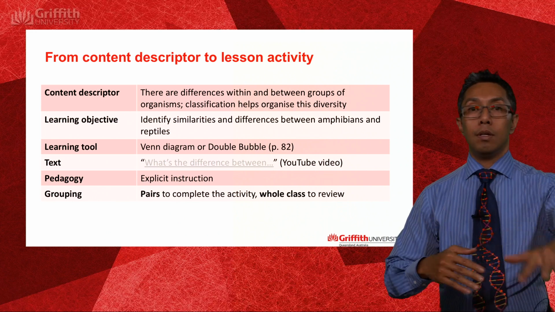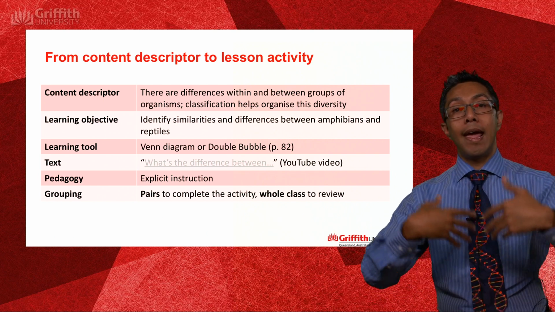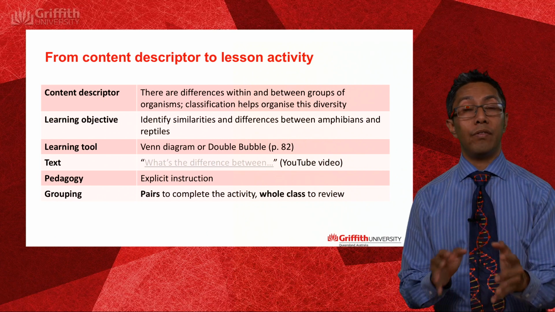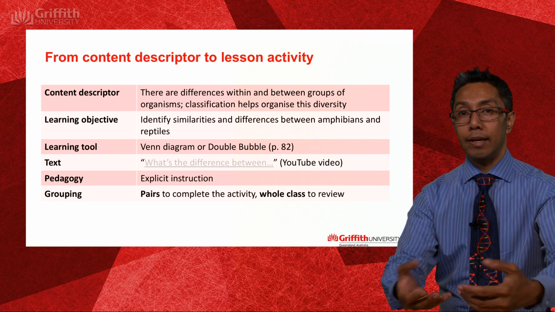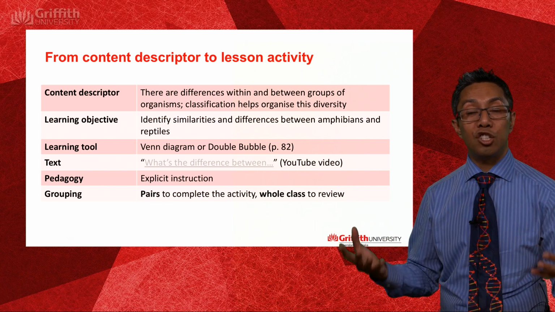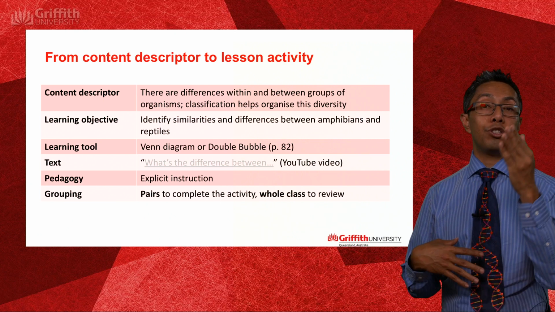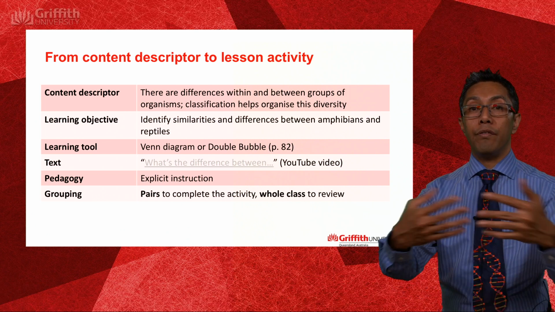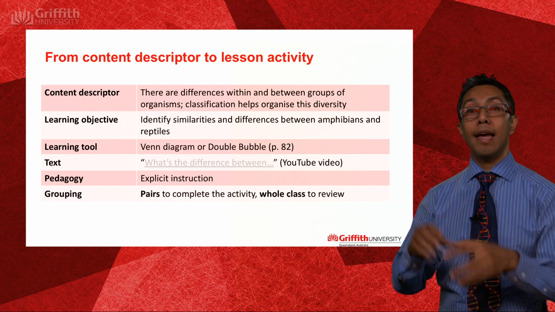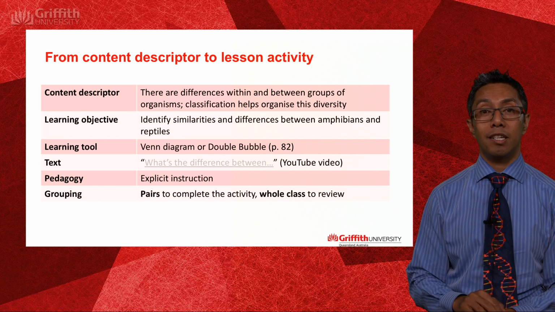We do one together, and then I hand over the completion of the rest of the Venn diagram over to students. So when I hand over the responsibility to students to complete the entire Venn diagram, I'm going to be asking students to work in pairs. So there's my grouping strategy. And then to review, I'm going to bring the whole class back and we're going to go through the whole Venn diagram together. Okay?